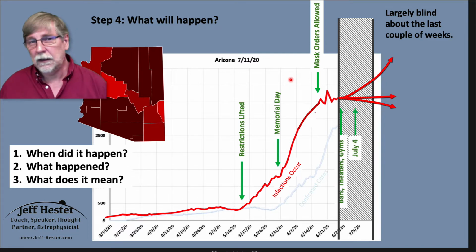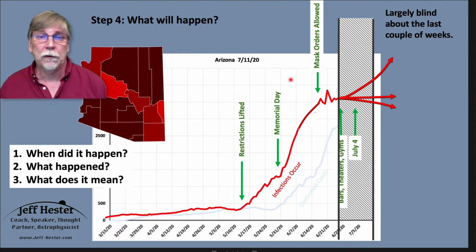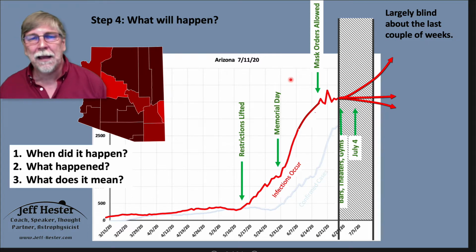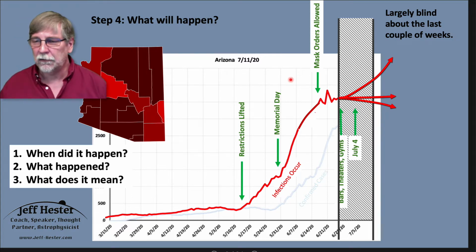On the other hand, we did have July 4th in there, and we didn't get out of the car, but we went to a July 4th event just to watch fireworks, and man, thousands of people walking around up close, no masks. This was out in Apache Junction. That's going to have consequences. But again, we don't know.